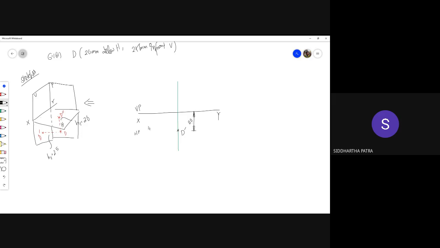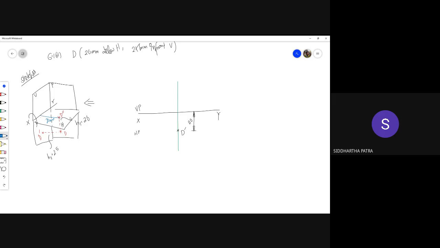Now let's talk about the horizontal projection. Once you have projected D on the horizontal plane, you have rotated this horizontal plane to come below the vertical plane. And this distance is 25 millimeters from the XY line. The point D double prime is situated at a distance of 25 millimeters.